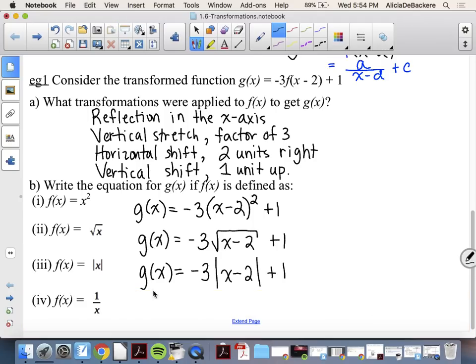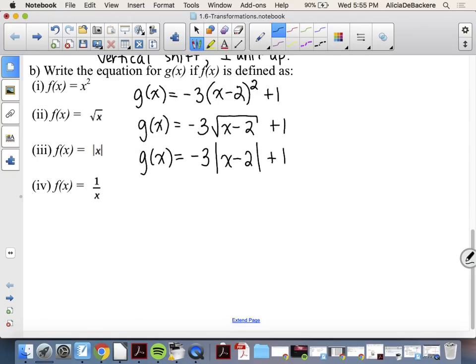And then our last one here, again, the function is 1 over x, which means that all the x stuff needs to go in the denominator. That means everything in the brackets here, remember it's normally f at x, now x is being replaced by x minus 2. So x in my equation will be replaced by x minus 2. The negative 3 is still out front.